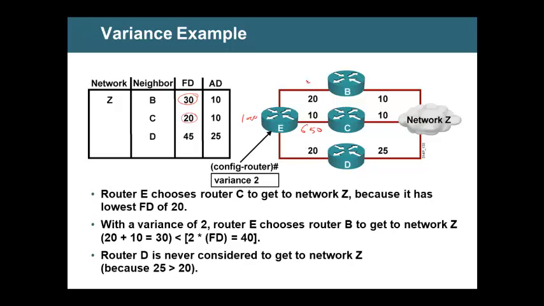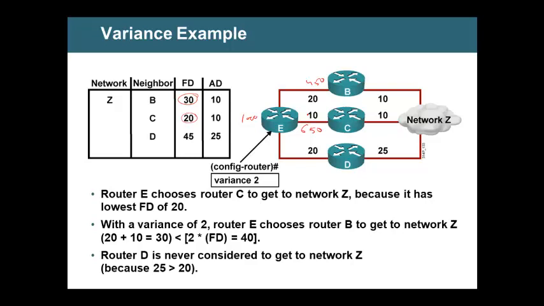I'm saying if the path is unequal cost path, we use variance. When we use variance, those paths, unequal cost paths, will be appearing in the routing table with various metrics. So EIGRP needs to do some justification. It cannot send the same amount of packets via different metric paths.